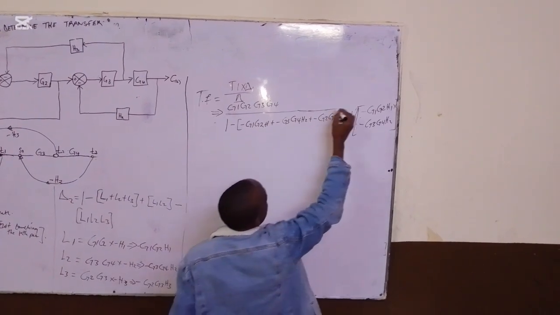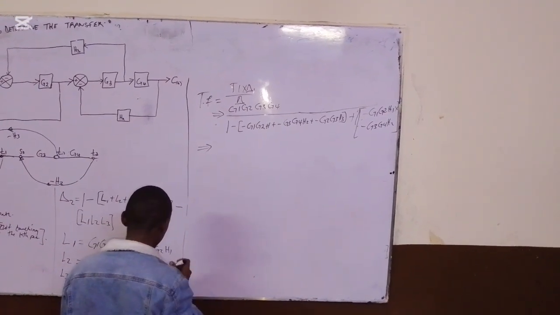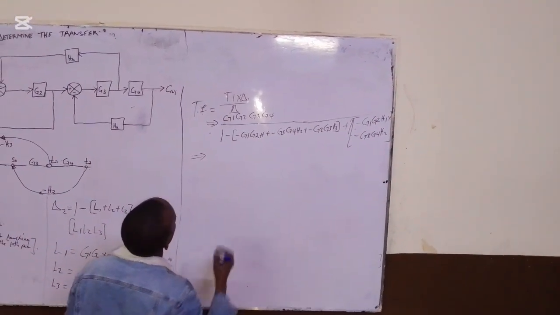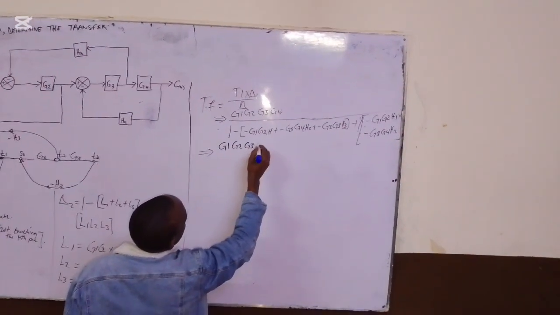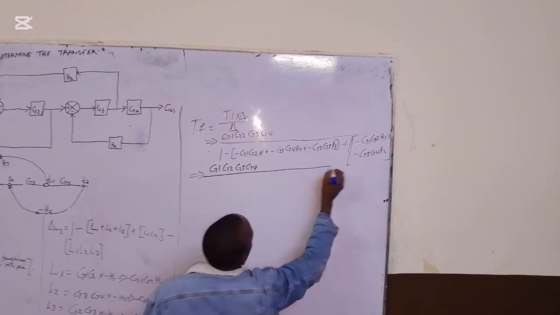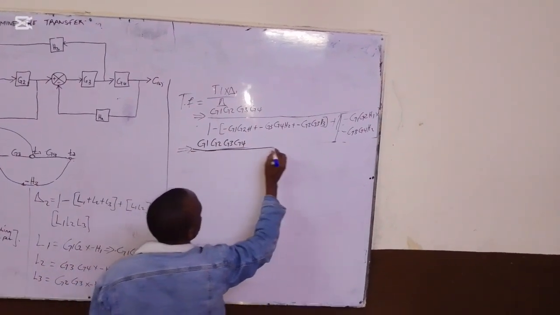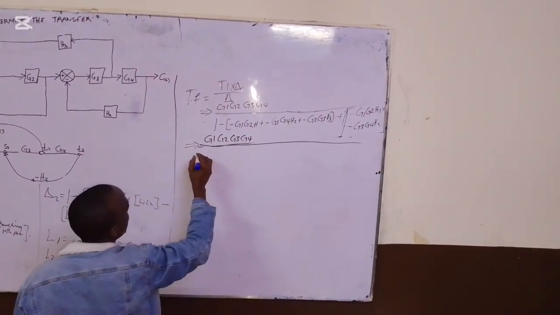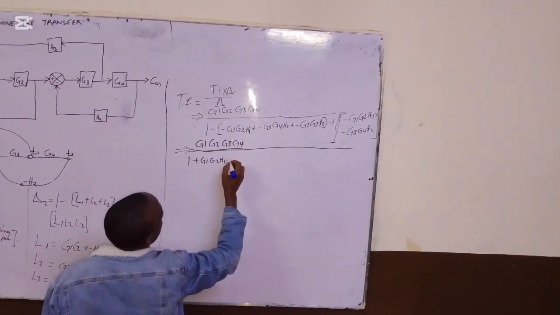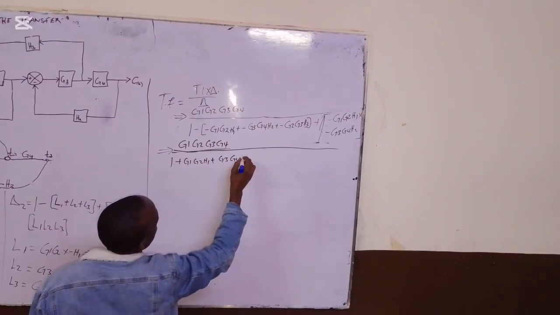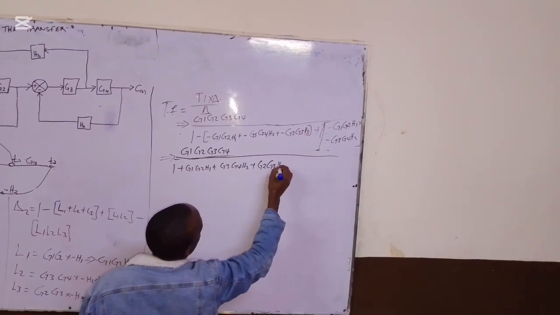So let's work on this. This gives us G1 G2 G3 G4 all over 1 plus G1 G2 H1 plus G3 G4 H2 plus G2 G3 H3.